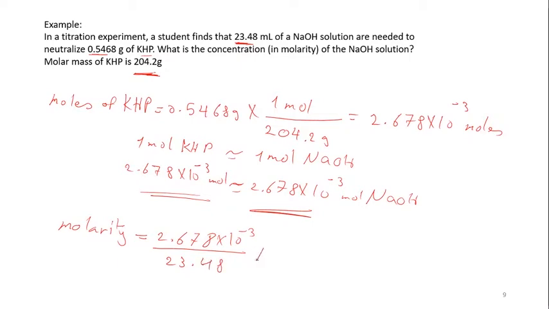This means I have to multiply by 1000 divided by 1 to be able to convert the ml into liter, and this would be equal to 0.1141 molar. So the concentration of sodium hydroxide in my sample is equal to 0.114 molar. By that we came to the end of our video.